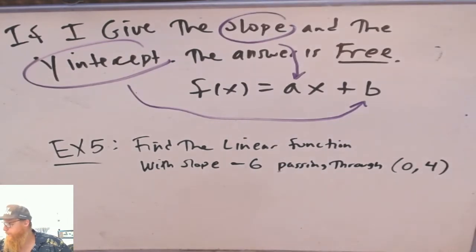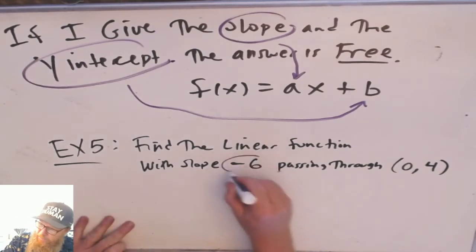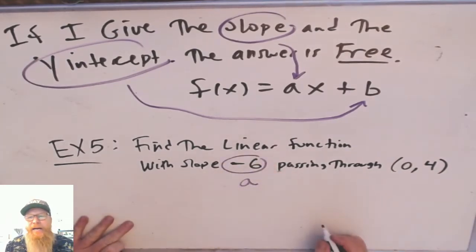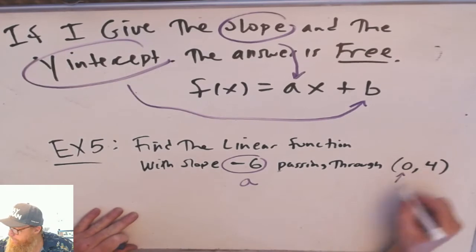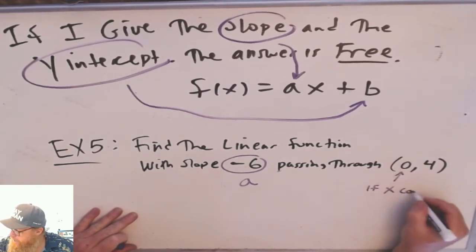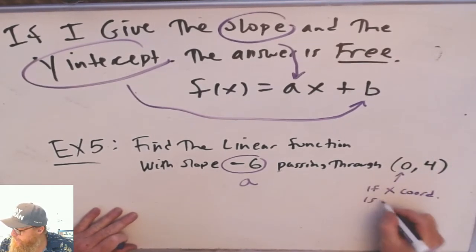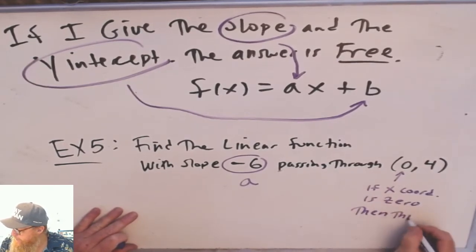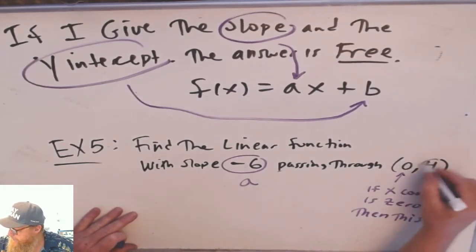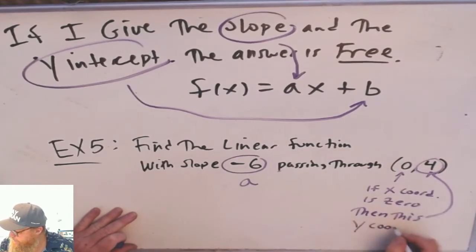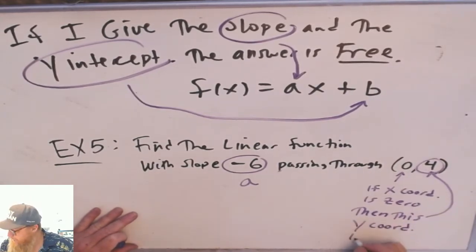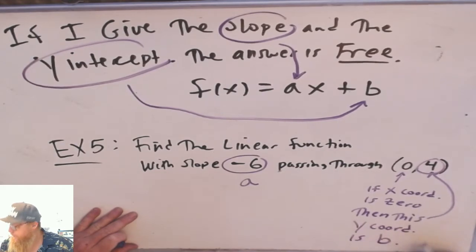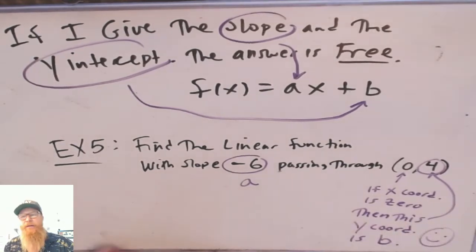All right. The slope is your A, and if the x-coordinate is 0, then this y-coordinate is B. All right.